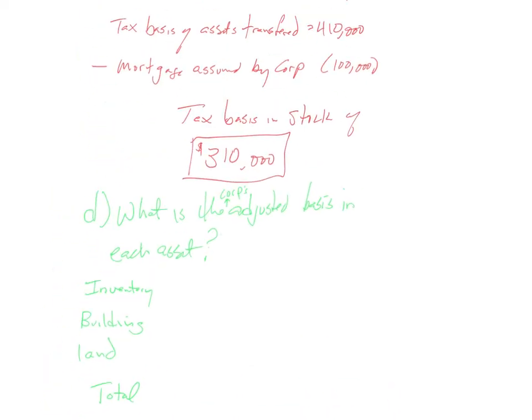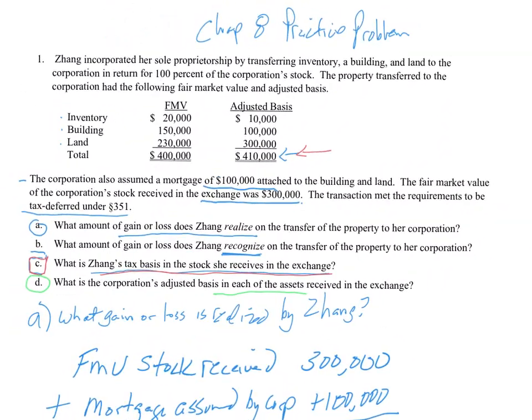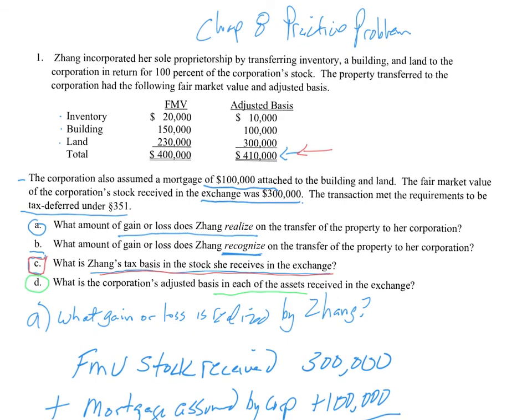Okay, so let's scroll up and look at what's going on. If we're looking at inventory, the adjusted basis is $10,000. Fair market value is $20,000. So fair market value is greater than the adjusted basis, so we're fine. There's not what is called a built-in loss. With our building, we've got an adjusted basis of $100,000 and a fair market value of $150,000.